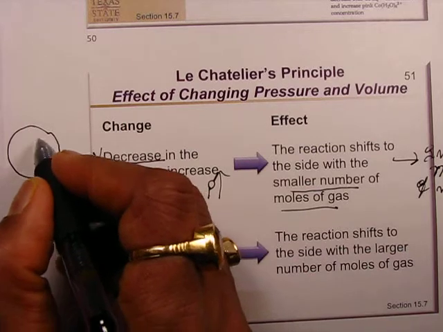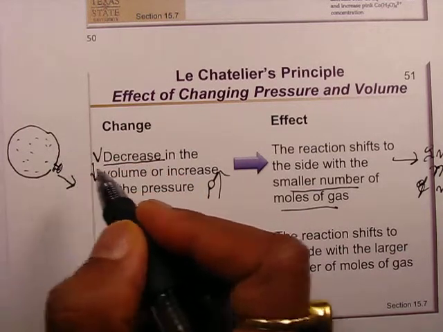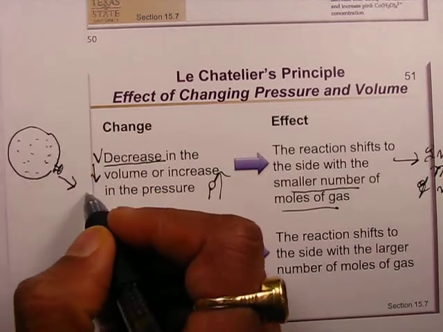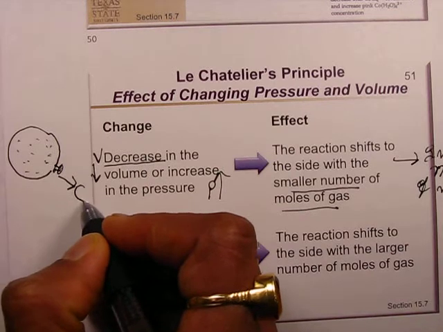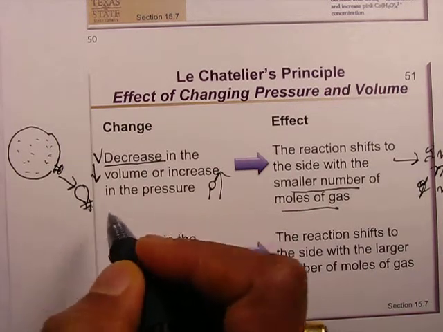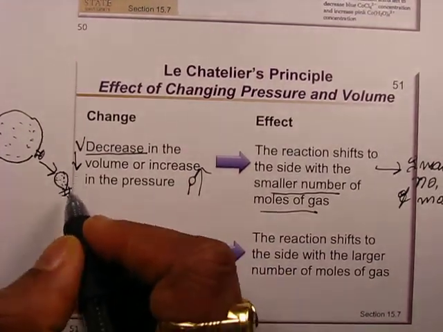So for an example, if we have a big balloon where the gas is filled, and if we squeeze this gas into a smaller volume balloon, then the number of moles will also be less, right.